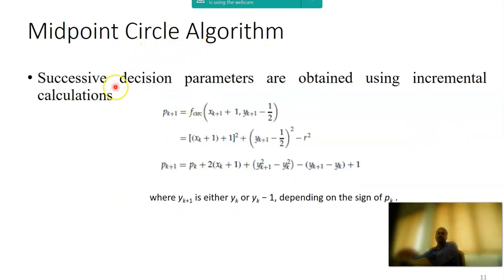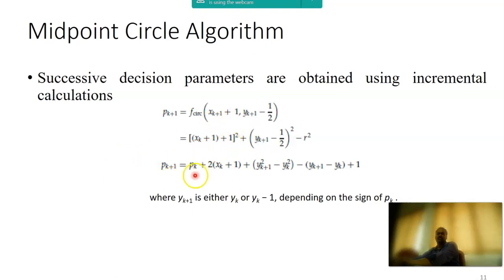In the midpoint circle algorithm, successive decision parameters are obtained using incremental calculation, that is pk plus 1 equal to the function at the next position xk plus 1 plus 1, and yk plus 1 minus half. We apply this in the actual circle function x square plus y square minus r square.